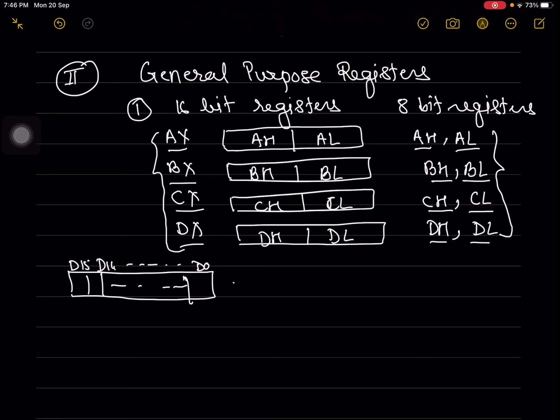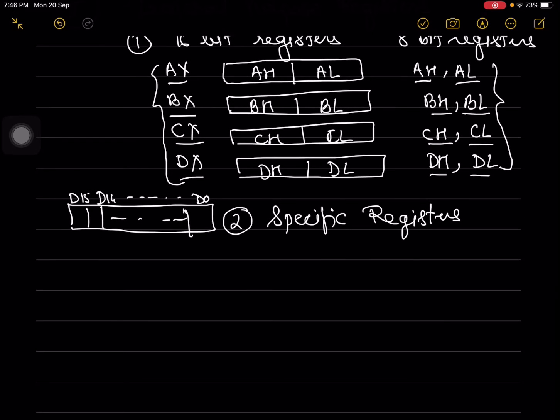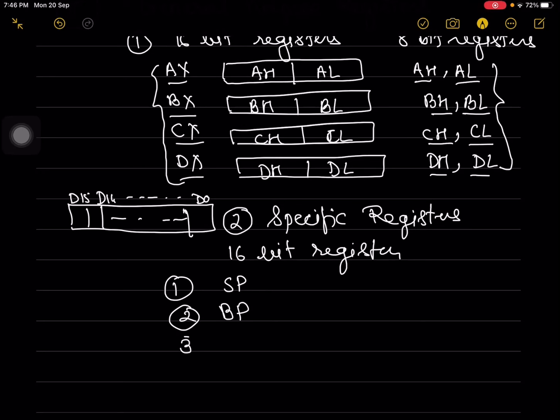Apart from this, there are some specific registers available in the microprocessor, and they are also 16-bit registers. They are named SP, BP, SI and DI.